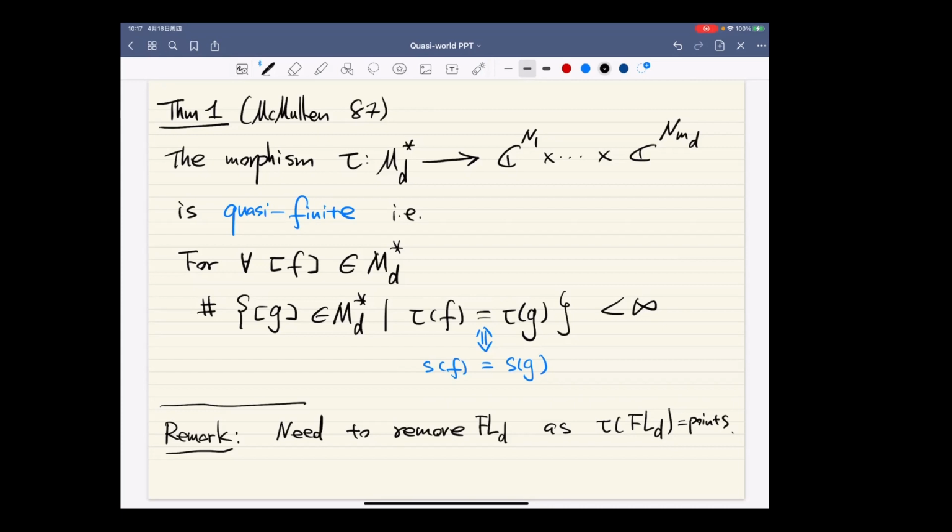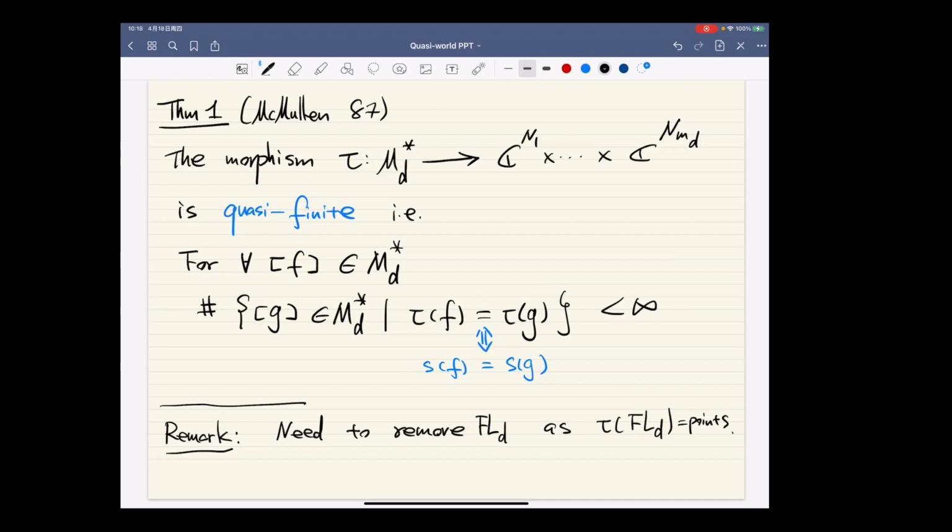And we note that here we can view this tau as the whole multiplier spectrum. So tau(f) equals tau(g) if and only if S_f equals S_g. That just means that f and g have the same multiplier spectrum.